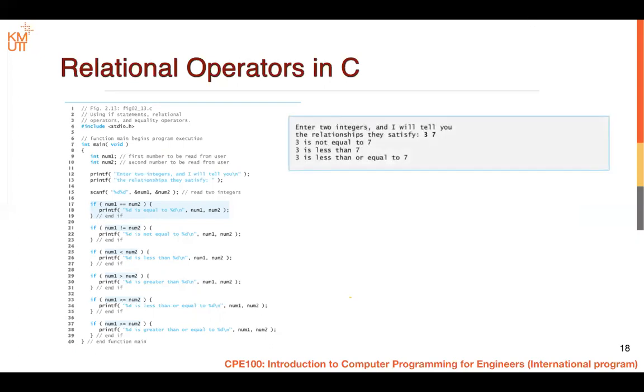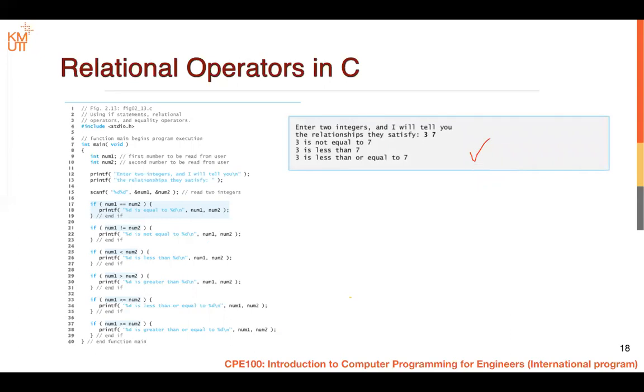From this program, you want to check two integers, whether they are equal or not, or less than or greater than, right? If you input 3 and 7, you can see that 3 is not equal to 7, but 3 is less than 7, and 3 is less than or equal to 7. That is correct, right?